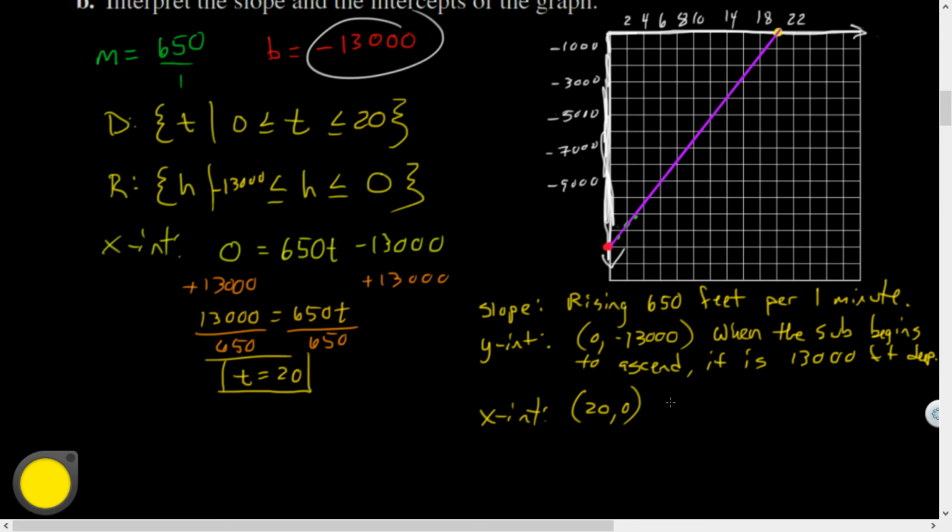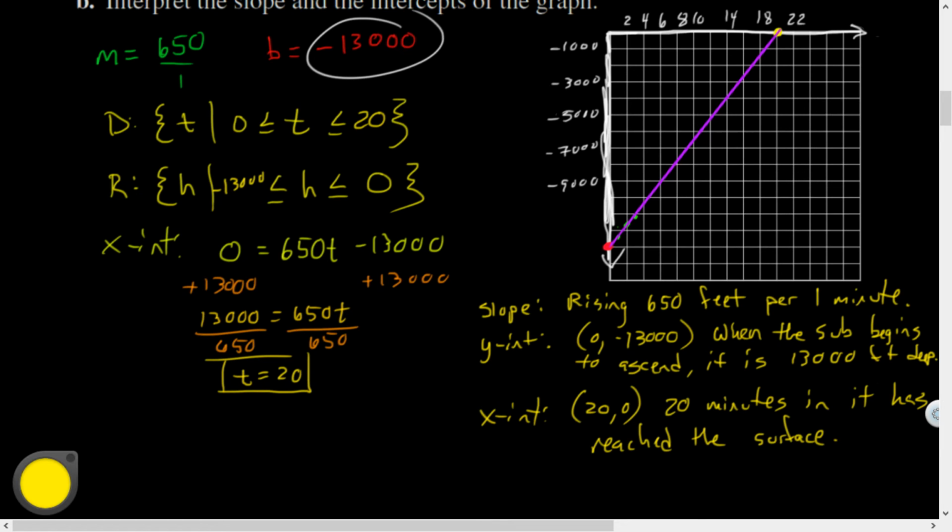At 20 minutes in, it has fully ascended, right? It's at the surface of the water. It has reached the surface. If it's 0 feet under the water, it has reached the surface of the water.